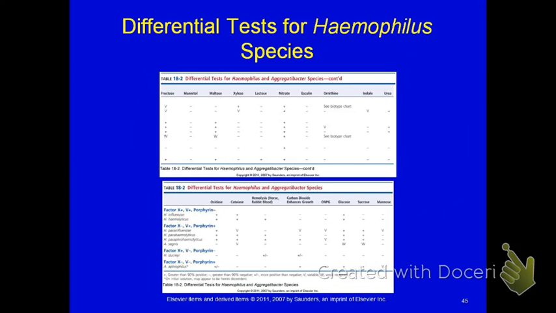Take note that this table is also very important because it will tell us which species of Haemophilus are hemolytic or not. Obviously, Haemophilus haemolyticus is hemolytic. So you have to study this table. It is very important for identification.